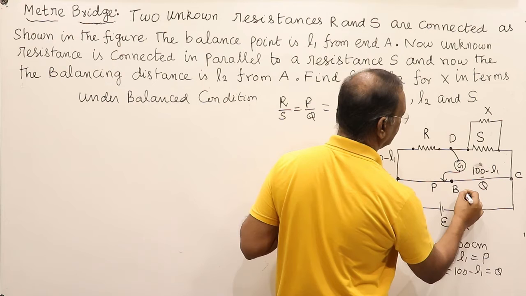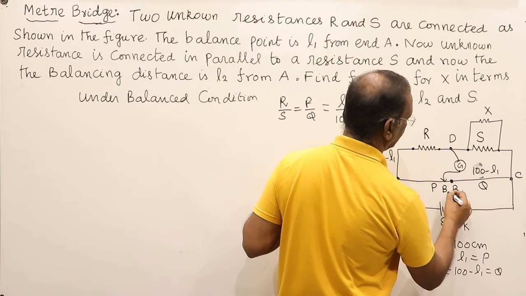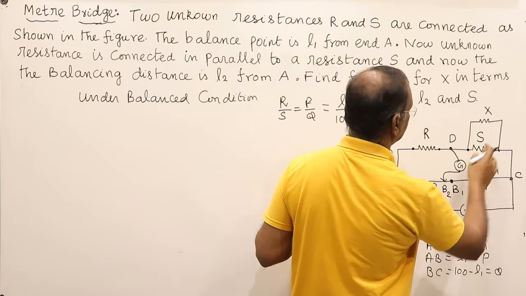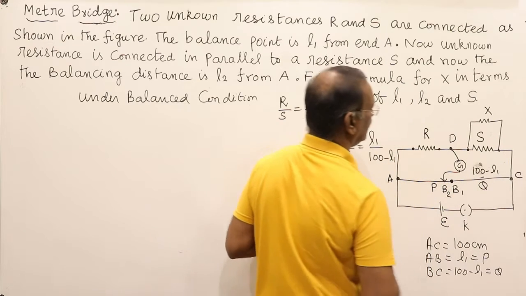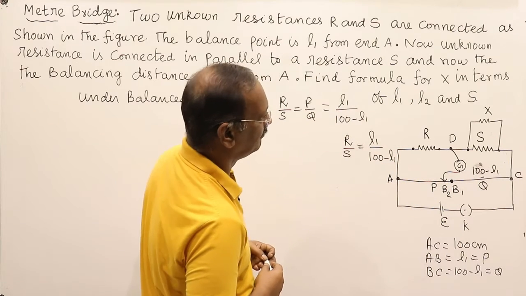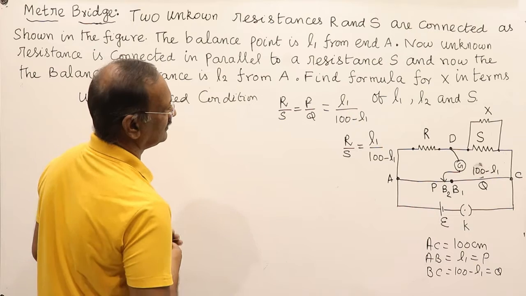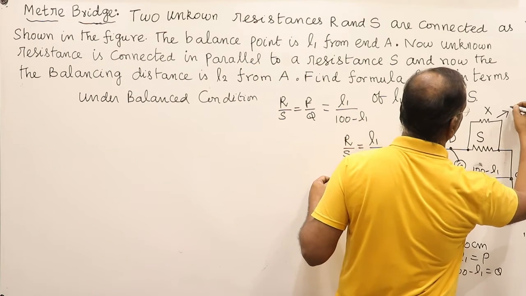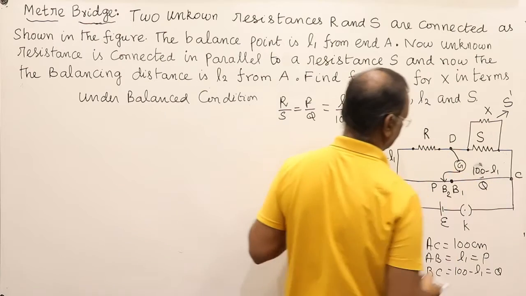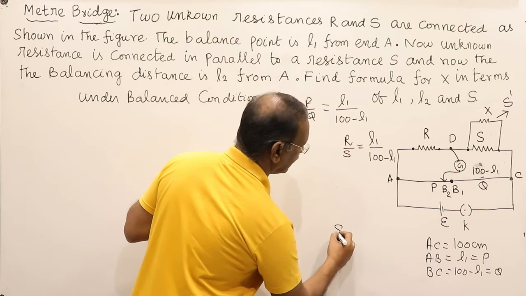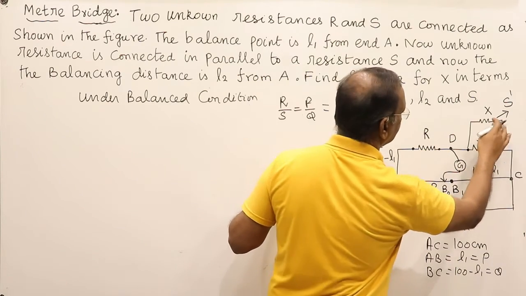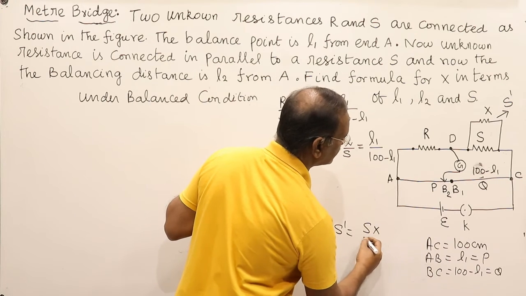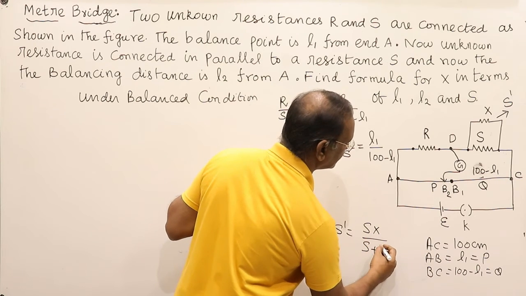This is B1, and this will become B2. When we move the slide wire here and there, because of this, the balance point will definitely shift to point B2. The combined resistance we call S dash, where S and X are in parallel, so S dash is equal to Sx divided by S plus X.